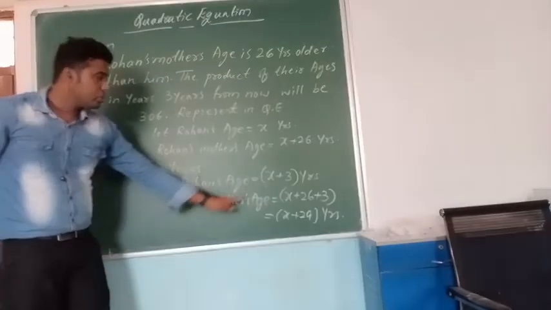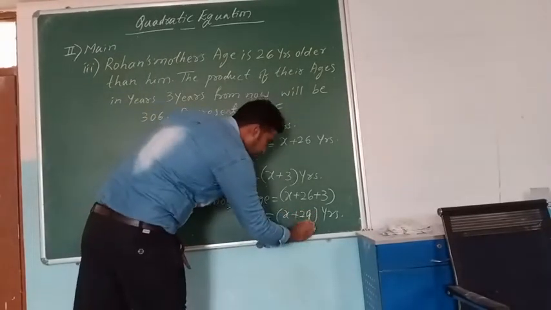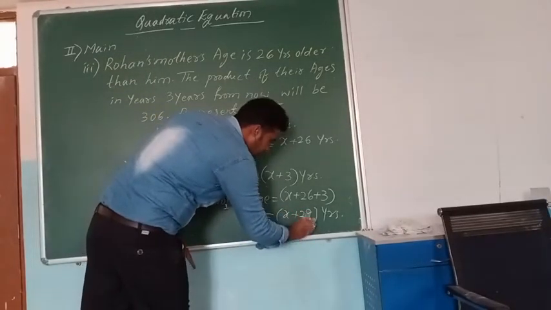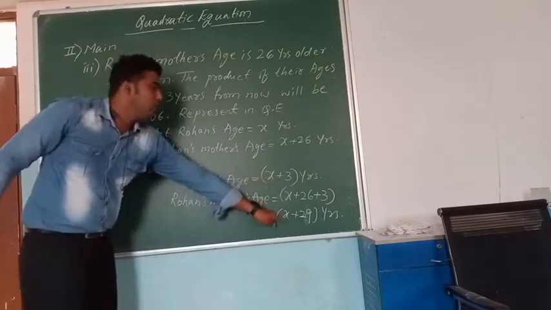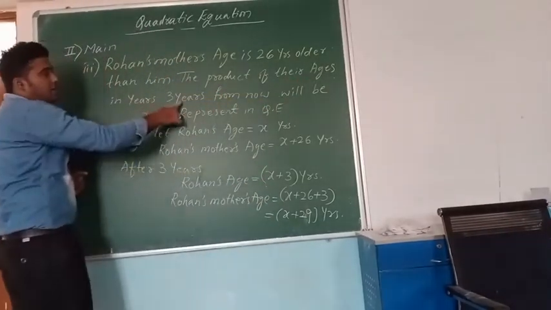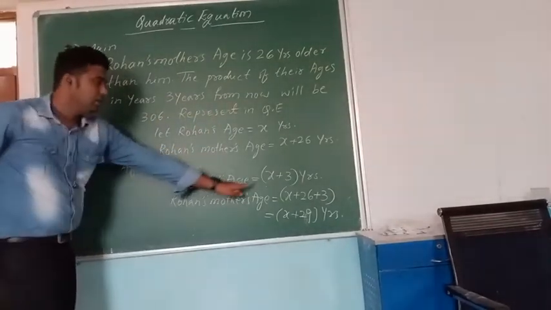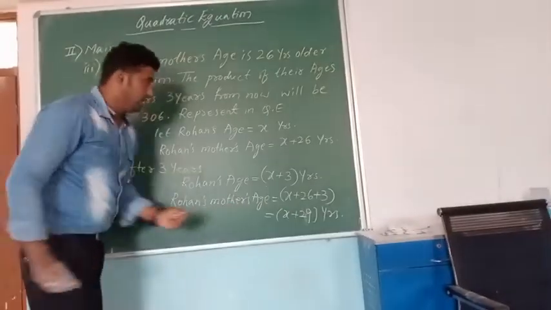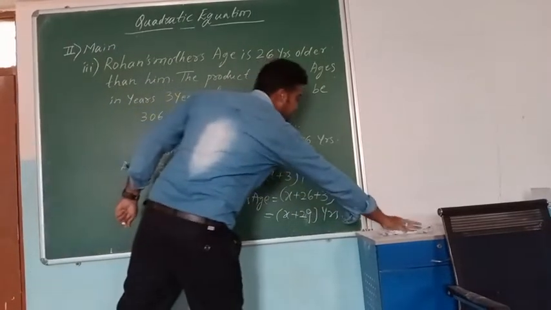Now, these two, x plus 3 and x plus 29, you need to multiply. Why these two? Because they gave the product of their ages in 3 years from now, which means we need to multiply these two. Let us multiply that.